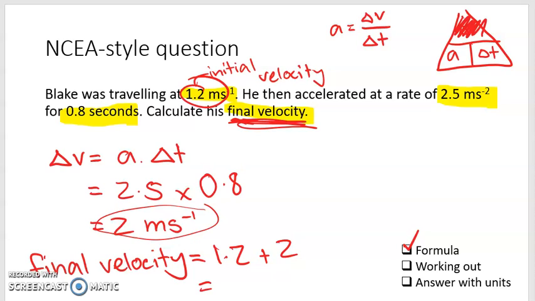So Blake's final velocity is 3.2 meters per second. So this one has that additional step where you're using that change in velocity to work out his final from his initial.